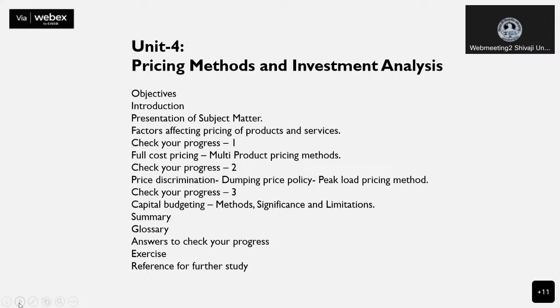So, what have I advised all of you? First of all, try to read these 2 units thoroughly. If you read these 2 units with full concentration, you will definitely find yourself in a very good position of understanding, almost 70% understanding you will get just by reading itself, because we used very simple language for preparing the self-learning material.